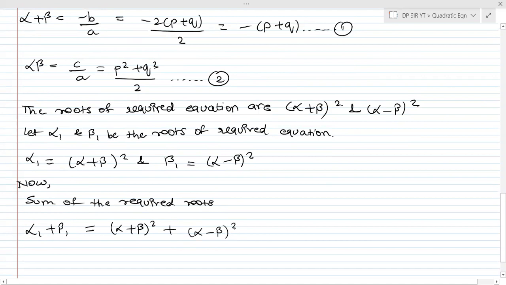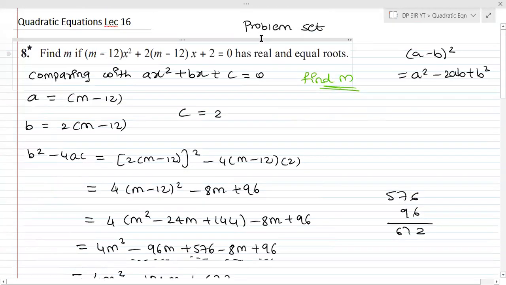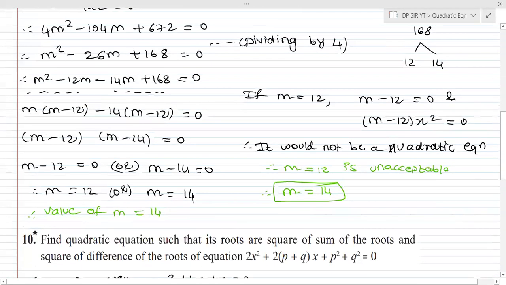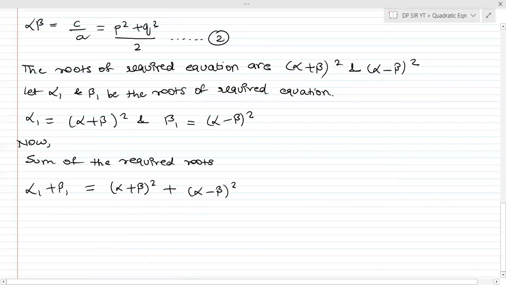Now I was saying this question seems to be difficult, but if you know the formulas very well, it is going to be easy. You should also know the formula for a plus b the whole square, which is a square plus 2ab plus b square.